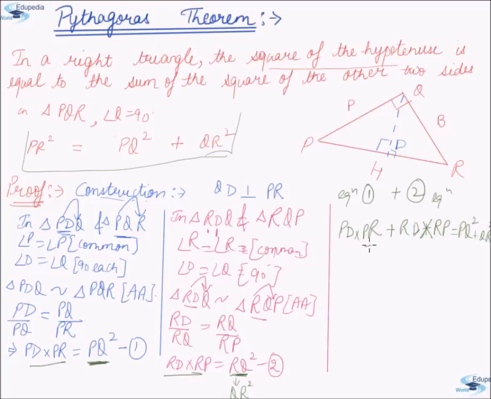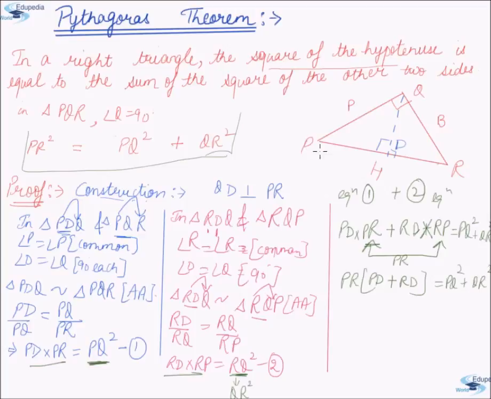Now friends, PR and RP are both the same length, so these two can be considered as the same length PR. Thus we can take PR common from both the terms, so we are left with PD plus RD equal to PQ square plus QR square.